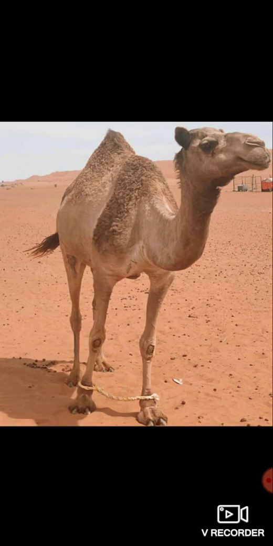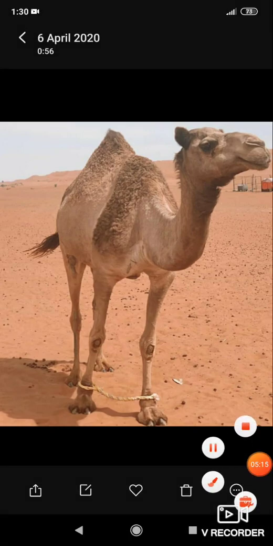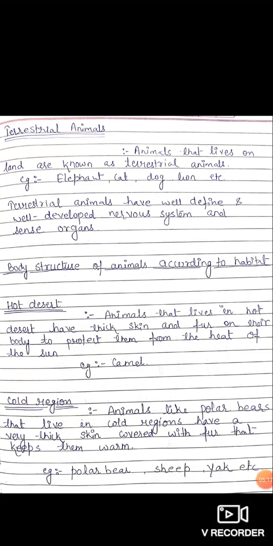So now let's talk about the body structure of animals in cold regions. The animals that live in the cold region have a different body structure.